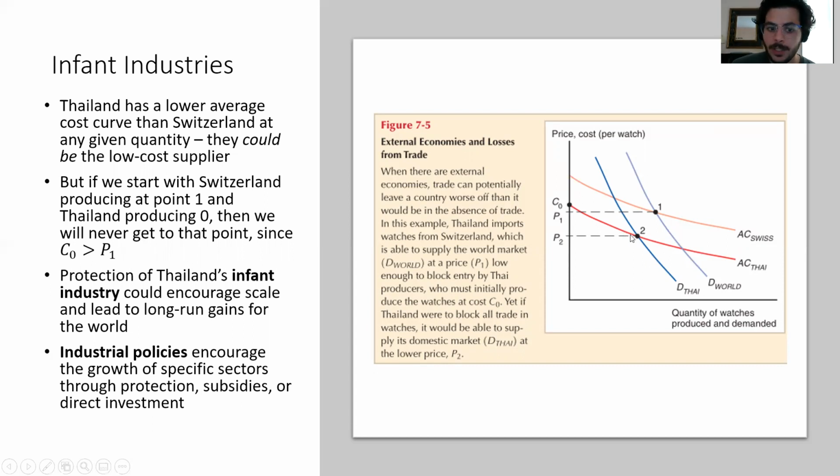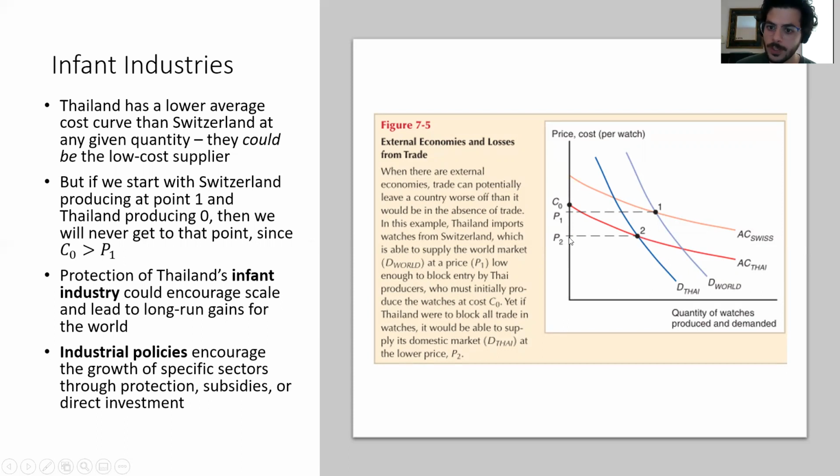However, if Thailand protected their watch industry, so they engaged in some protectionist policy, import restrictions, for example, and they supplied their domestic market, that would put them over here at point 2. So now they're further along their average cost curve to the point where they can actually supply watches at P2.